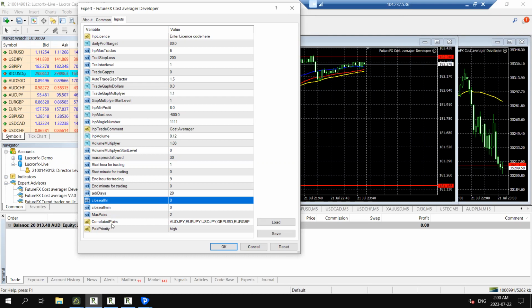The correlated pairs, you have to personally type in the pairs that you consider closely correlated. So if you were trading, let's say AUD CHF, then you'd want to type in all the other pairs that you have the software on that include AUD or CHF in the pairs.